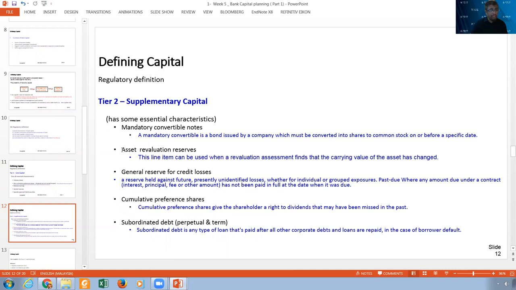Now, the other thing is asset revaluation reserves. And this is very interesting, and those people in accounting know. For example, take any bank here, say Public Bank. Public Bank started in 1965. In 1965, maybe they bought a big piece of land here in Klang Valley.